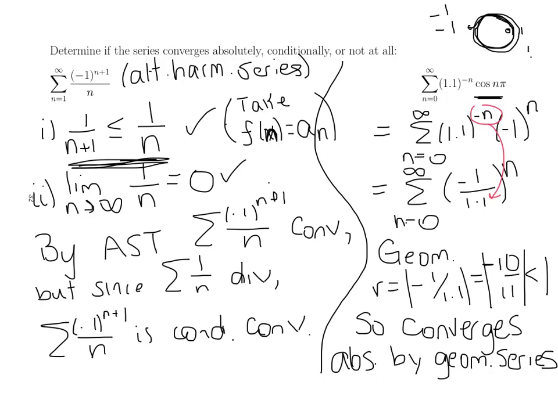You can take that to equal a_n, and then you can show that f prime is always less than 0. So that's the other thing to remember: if you can show the derivative of your function is always negative, then you'll have shown that the terms are decreasing. So that's another option for the alternating series test.